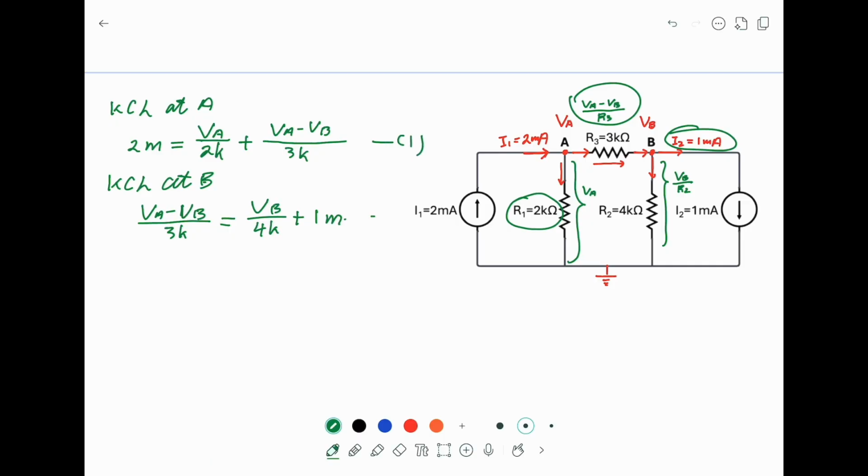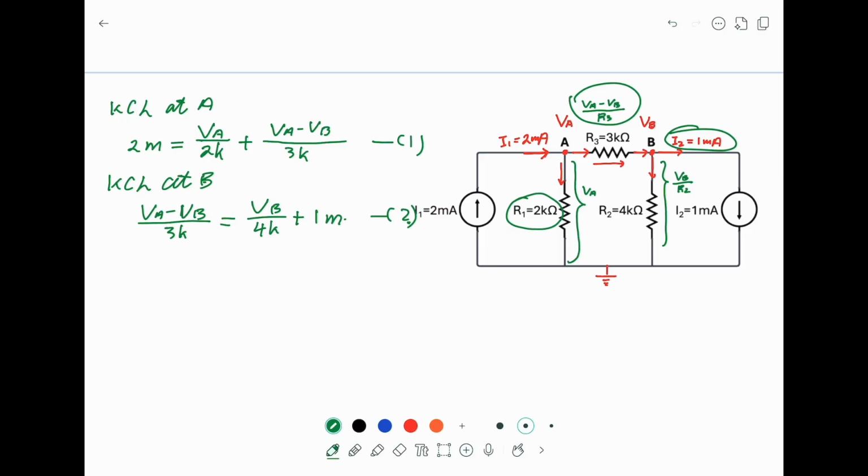Equation 1, equation 2. The next thing, of course, is to simplify the equations. The basic idea is to ask yourself what you really want to find. You want to solve VA and VB from equations 1 and 2, so we try to simplify the coefficients. The best way this time is to multiply by the common denominator.